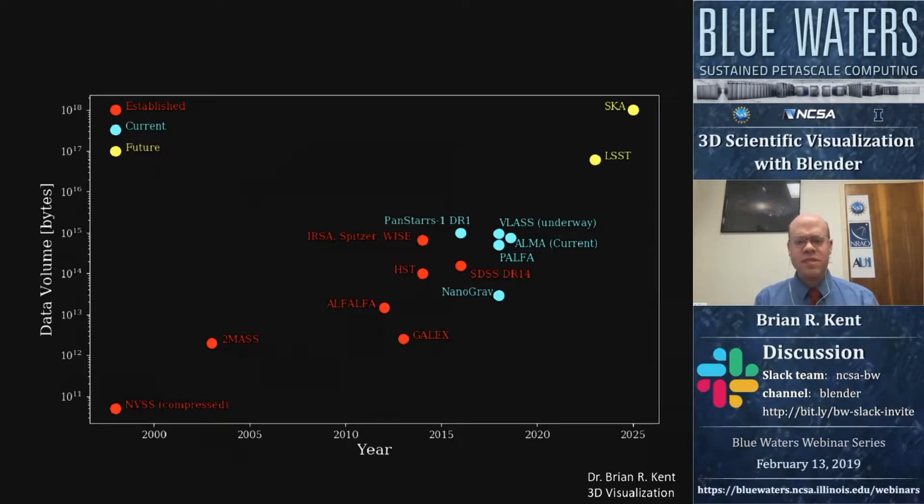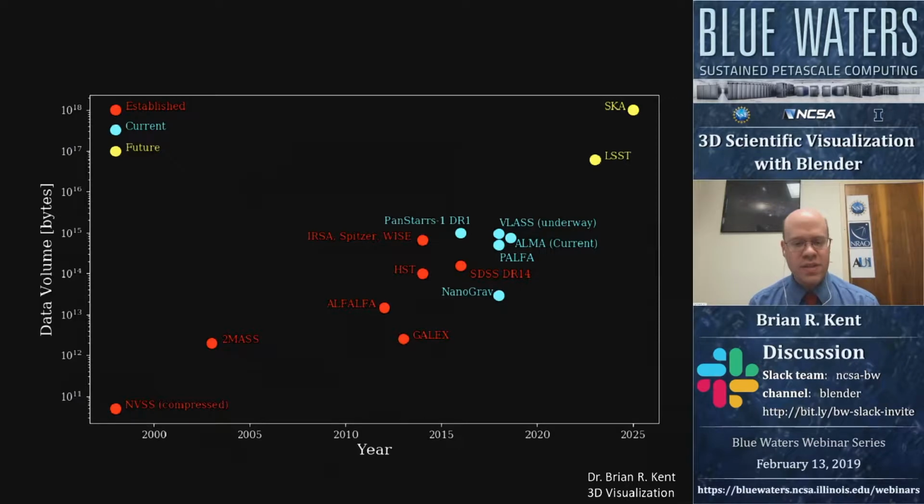But this graph here I always like to show because it gives you a 25-year review leading up to where we're going in terms of data acquisition and why archives and pipelines and visualizations are so important in astronomy. 25 years ago, our NRAO VLA Sky Survey that was done in the most compact configuration at 1400 megahertz, the data set took up about 50 gigabytes of space.